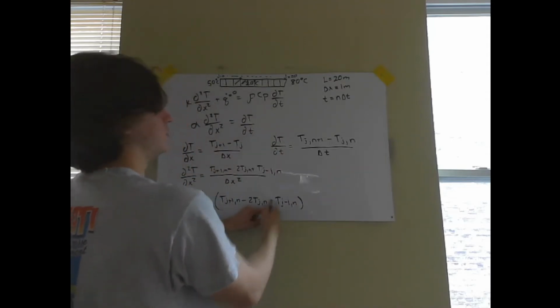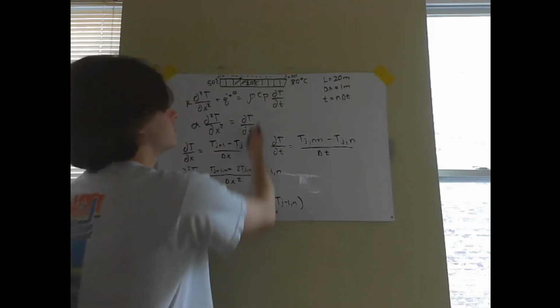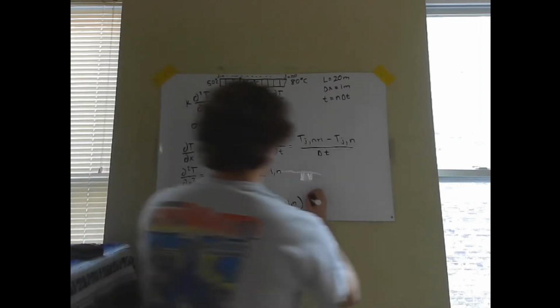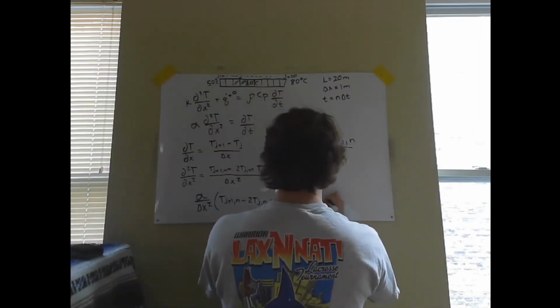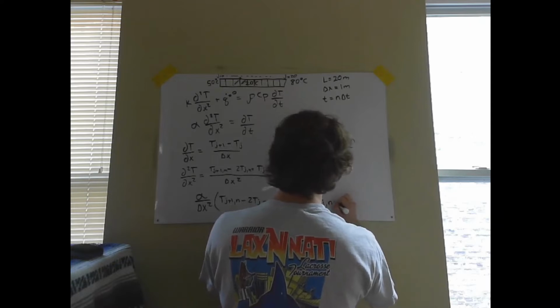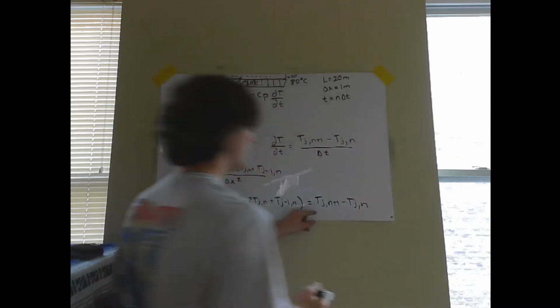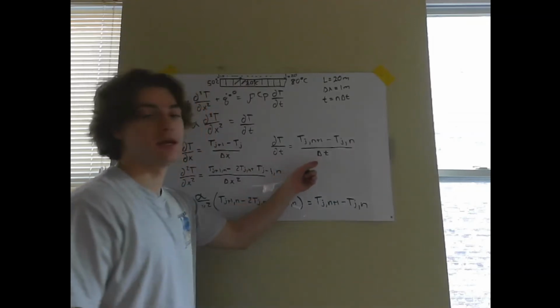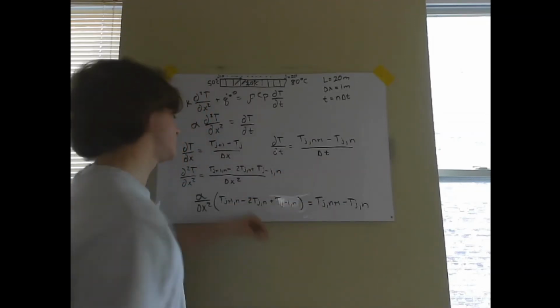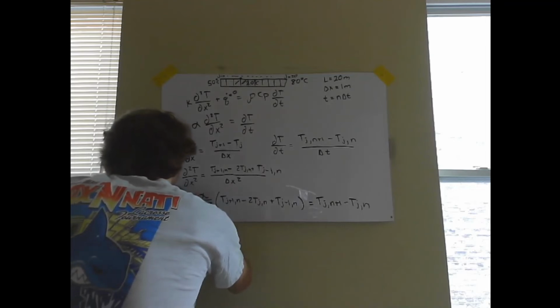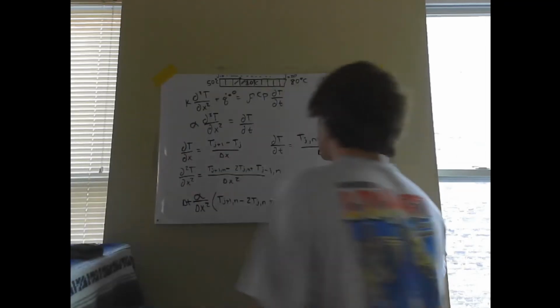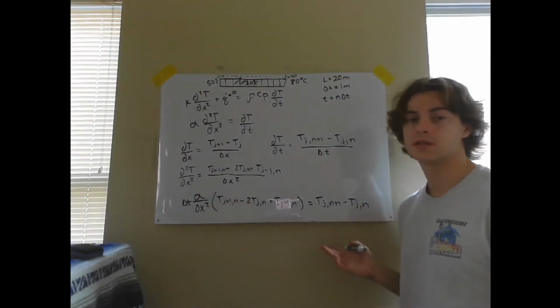And then we'll set this equal to our approximation for the derivative with respect to time, which will be tj at time n plus 1 minus tj at time n. And then I'm just going to go ahead and divide our delta t over to the other side. So this is our equation.